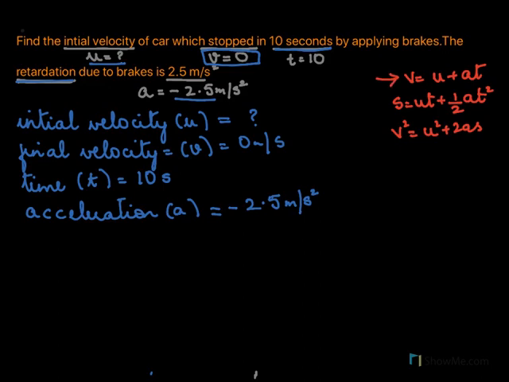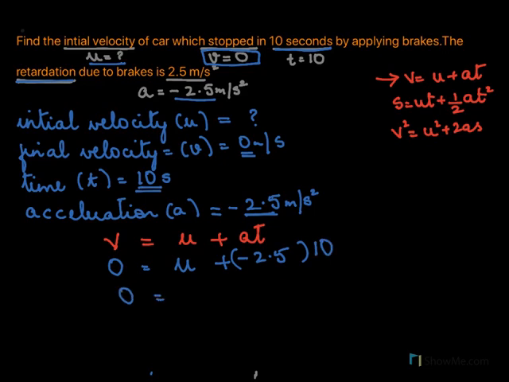We're going to use the first one because we need to find the initial velocity. So we have v equals u plus at, and let's put in our values. The v we saw was 0. The u we need to find. The a was given here as minus 2.5, and the time was given as 10 seconds.